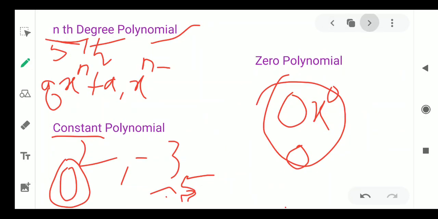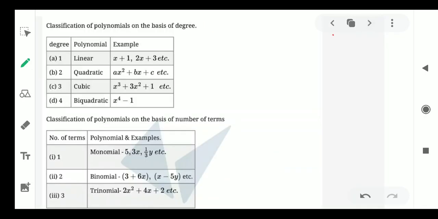Observe these tables once. In one table we have degree, polynomial, example. Linear: x plus 1, 2x plus 3. In both, the degree is 1. For quadratic, this is the general form of the quadratic equation, degree 2. Cubic, degree 3. Biquadratic, degree 4.